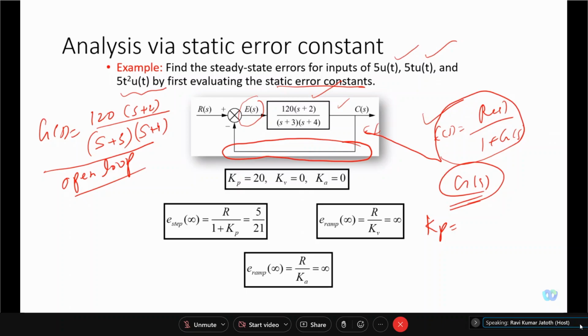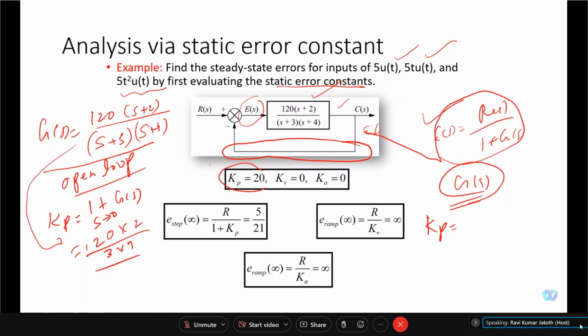Now Kp is the limit as s tends to 0 of G(s), the position error constant. When s tends to 0, what do you get? 20, which is 12 by 3 into 4, right?